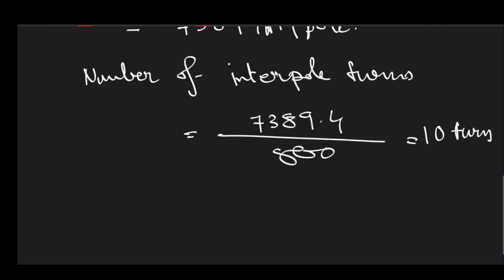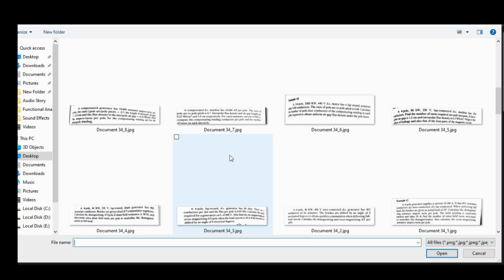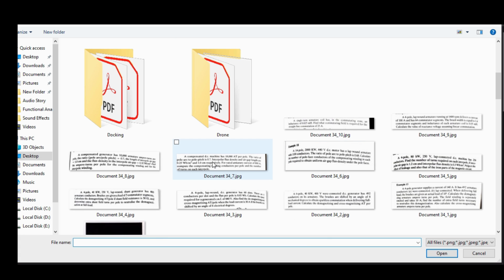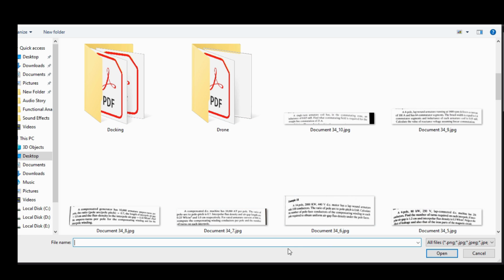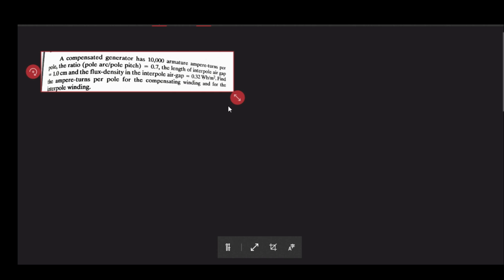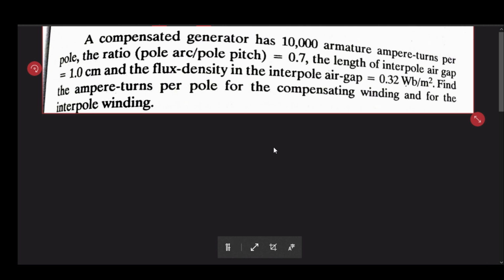Now let us consider another problem. The compensated generator means already compensating winding and interpoles are there. 10,000 armature, pole arc to pole pitch ratio 0.7, the length of interpole air gap 1.